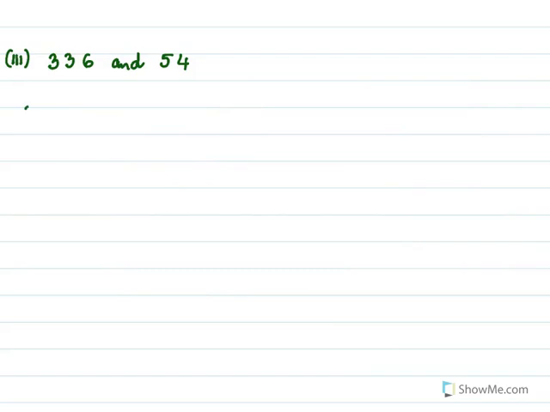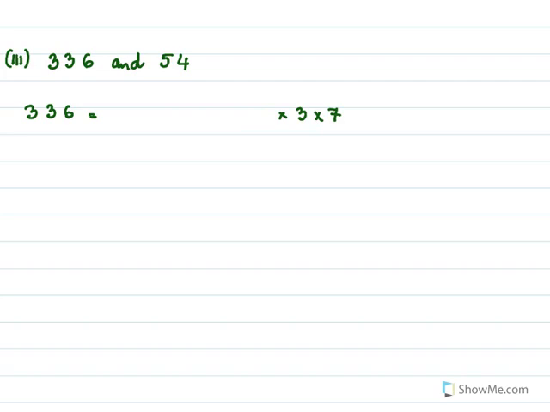Now for the next sum, if we take 336 and we prime factorize, we'll get 2 into 2, 2 into 2 into 3 into 7. And there are 4 2s, so I can erase this up.